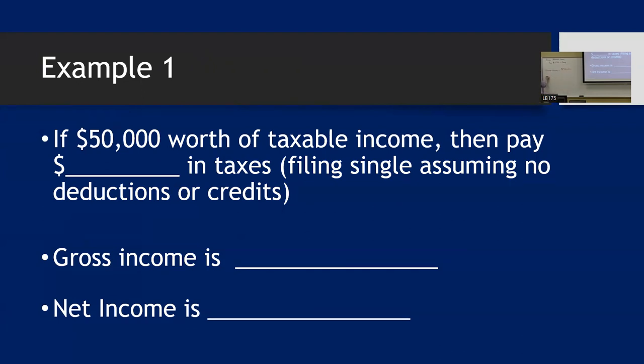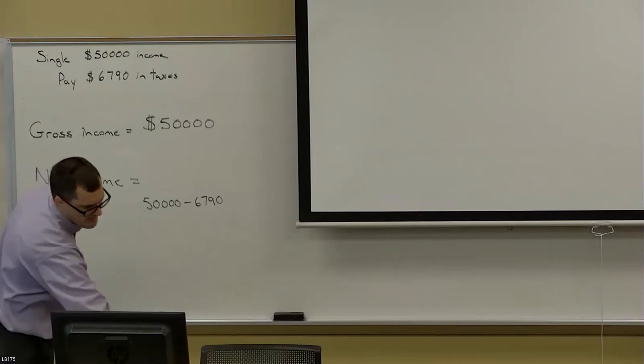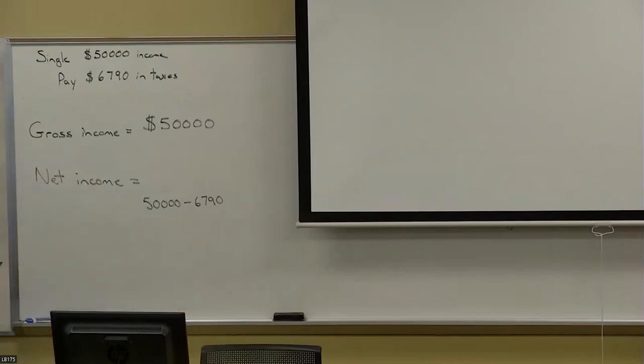And the net income is going to be the $50,000 minus 6,790. All right, I'm going to just do that on my calculator, 50,000, I forgot what it was.